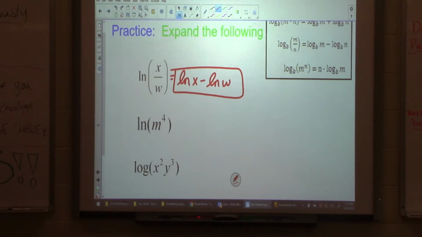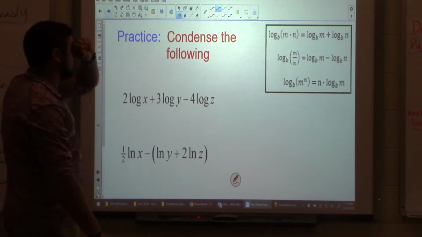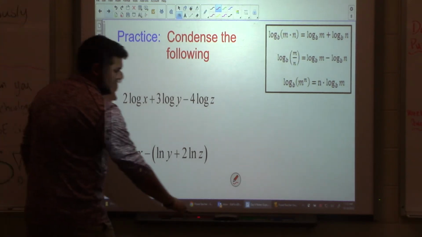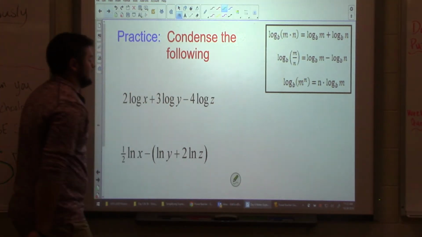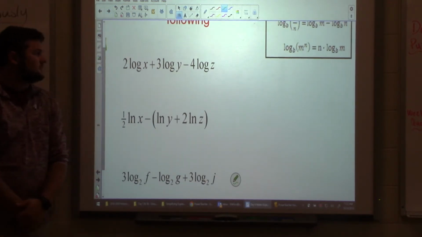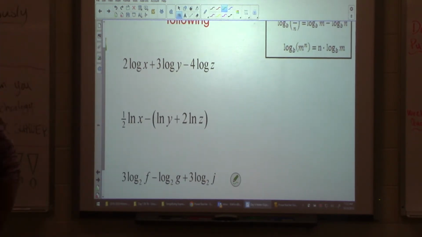The next one only has two problems, right? Let's try condensing. Jackson, pick A or B, please. A. We'll do A again. All right. 2 log x plus 3 log y minus 4 log z. Any numbers out front that I can turn into exponents?